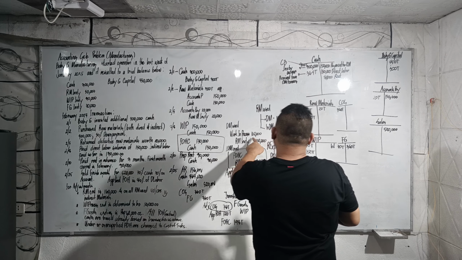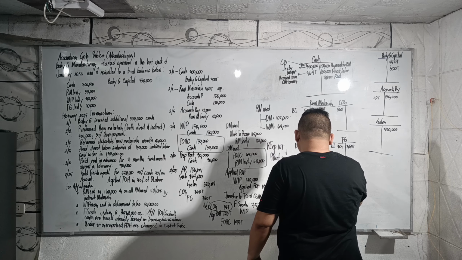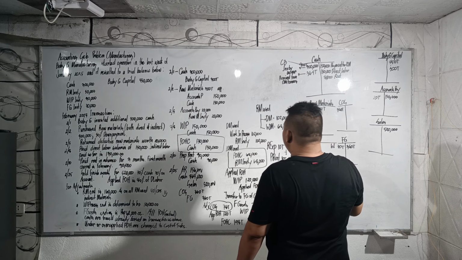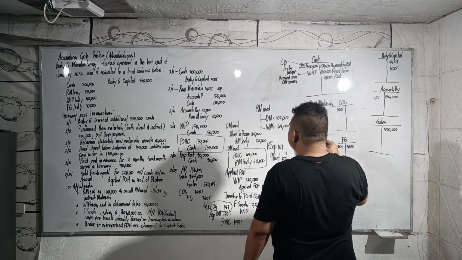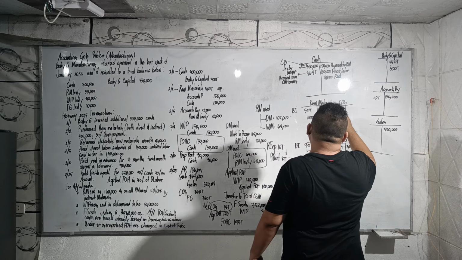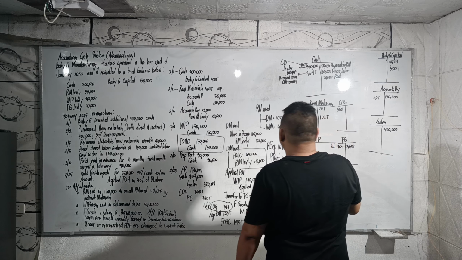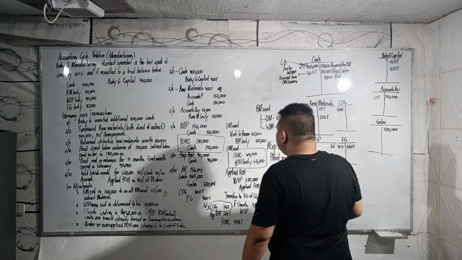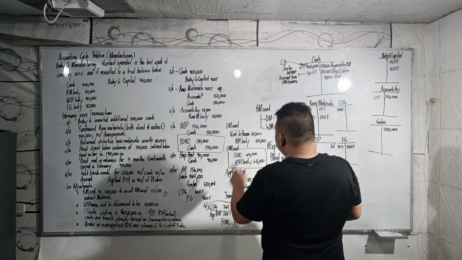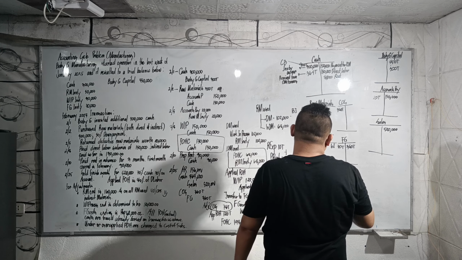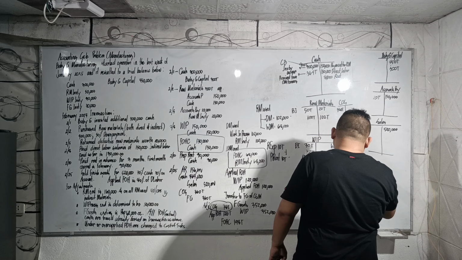So we have to put 102 in work in process. However, since you have already issued it to production, it will be deducted from the raw materials. And then, as to the indirect materials, we have the factory overhead control account.